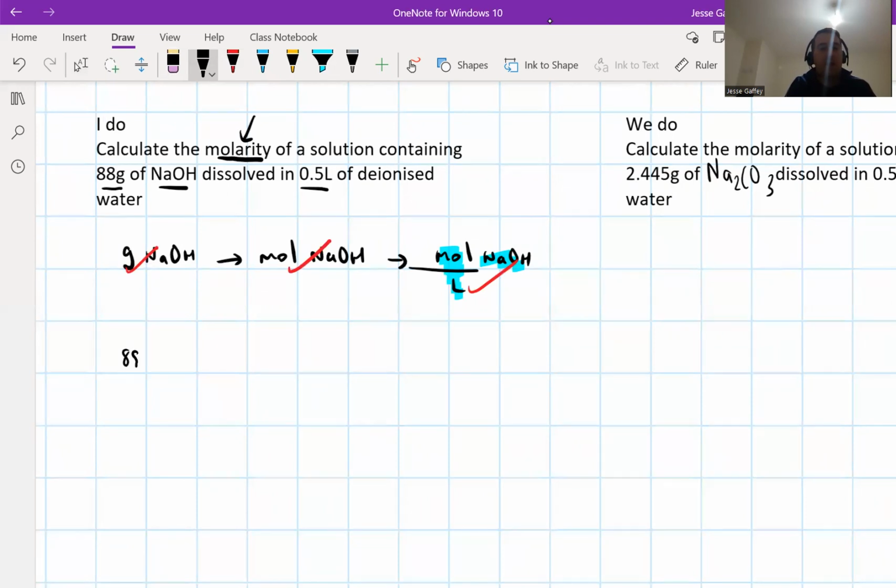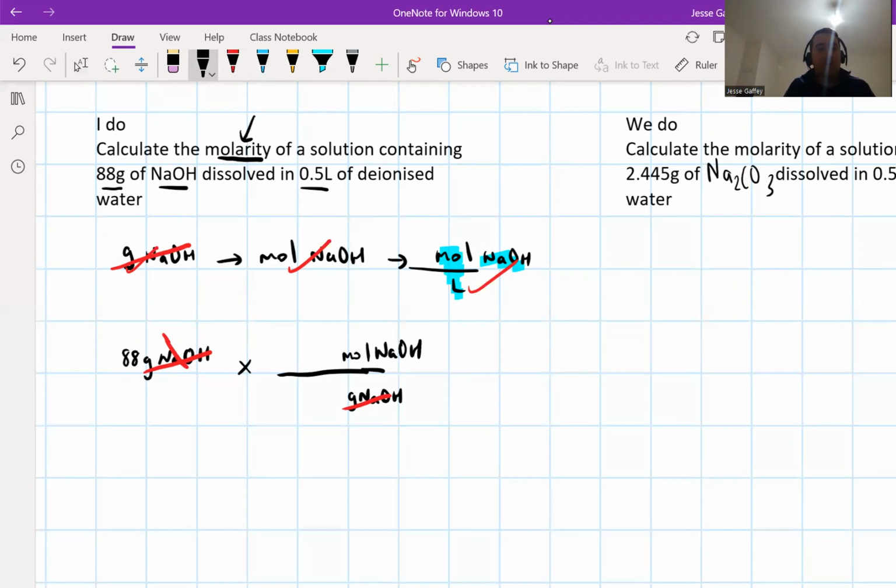I've got 88 grams of NaOH, and I need to cancel grams of NaOH. To get that to work, I need a conversion factor that has grams of NaOH on the bottom, and then that can cancel with that one there. So both of those are gone, and that leaves me, okay, well, I need moles of NaOH on the top.